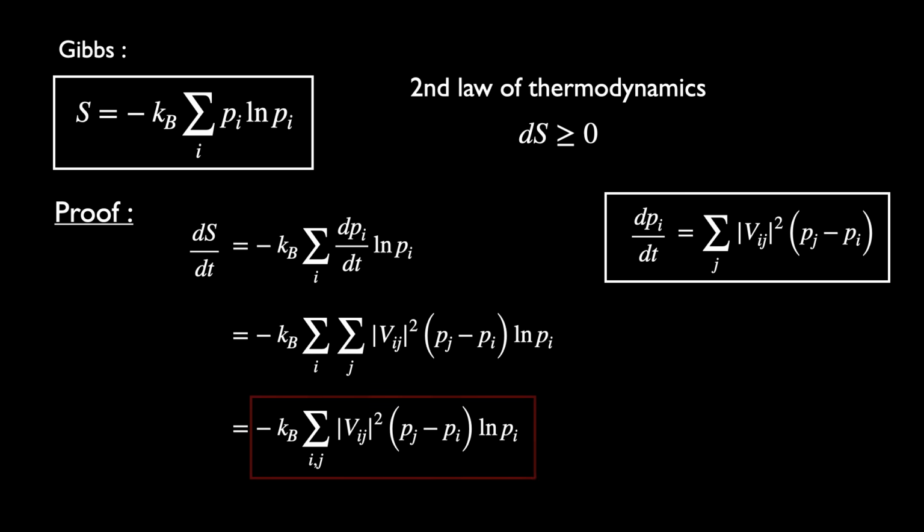We then obtain dS/dt equals minus kB times the double sum over ij, the transition probability from j to i, times pj minus pi, multiplied by log pi.